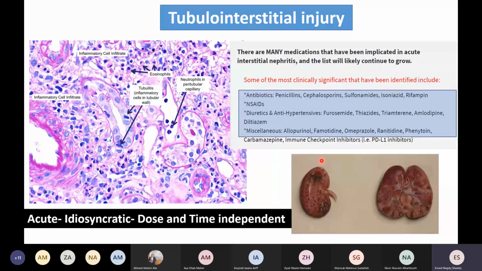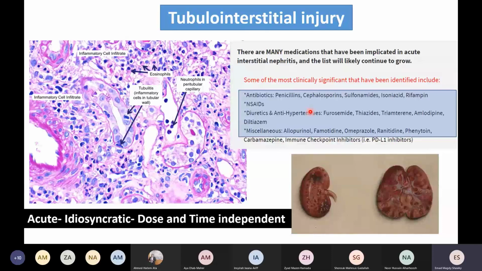It is just a hypersensitivity, so hypersensitivity to any drug can occur, but those are the common ones. If you see the common ones, you will be afraid of prescribing any drug, and this is the message of this lecture. Prescribing drugs is not an easy mission. This is number one.